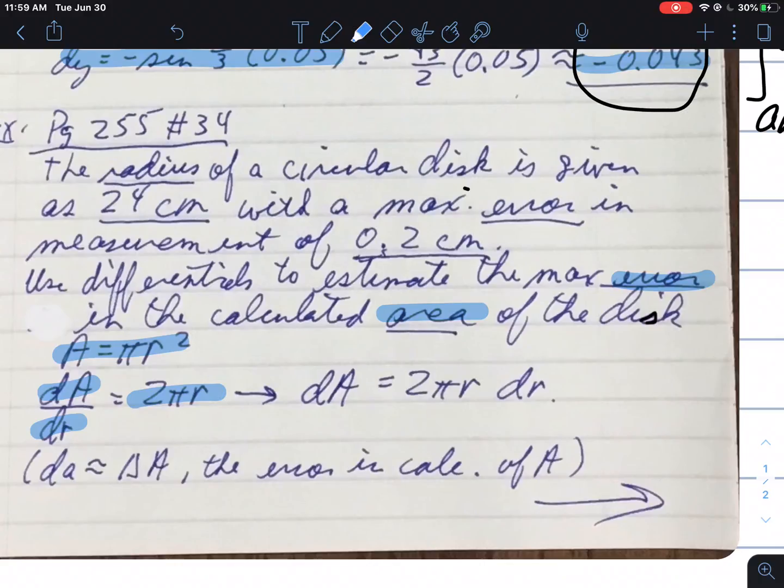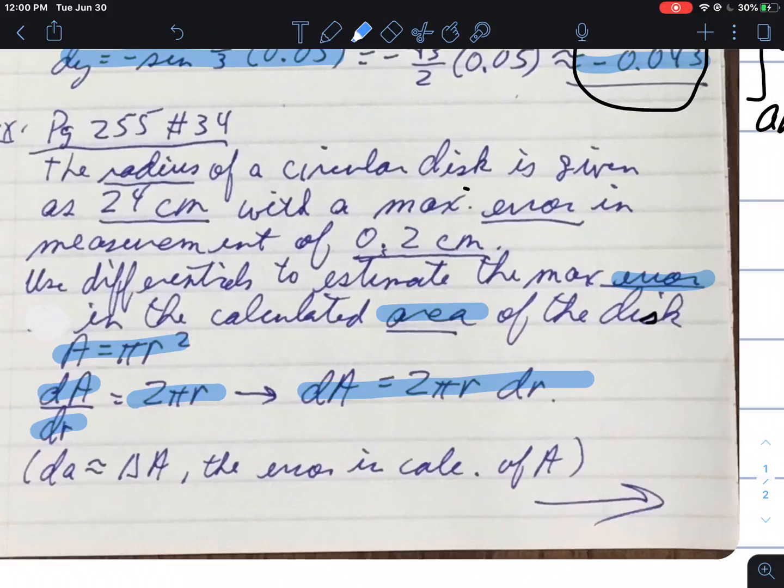The circumference of a circle. So it turns out that the derivative of the area of a circle is the circumference of the circle. But again, this is done with respect to r. So then our differential dA, which is what we're asked to find, the change in the area, the error in the area, would be 2 pi r times dr. Just solving that equation.